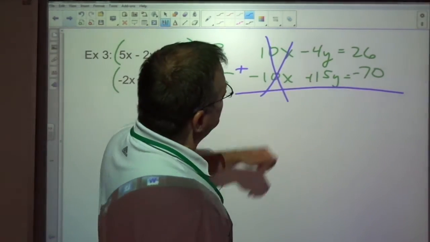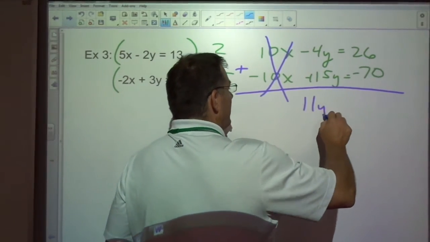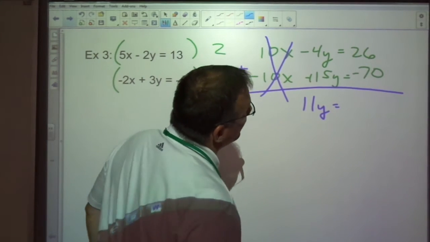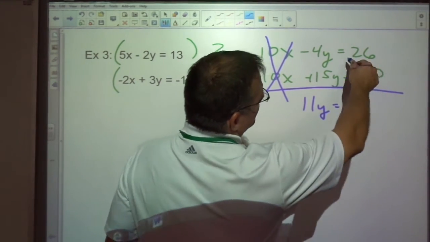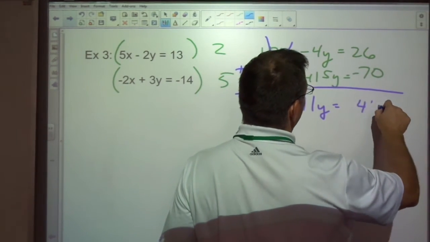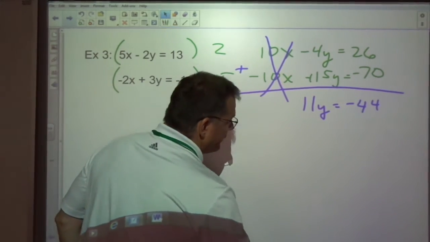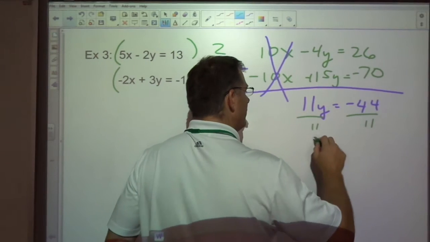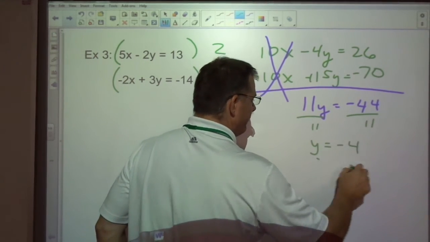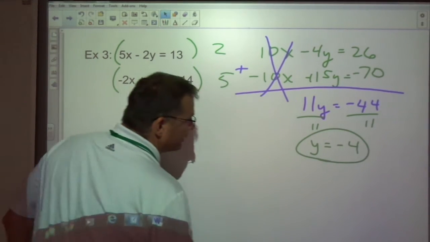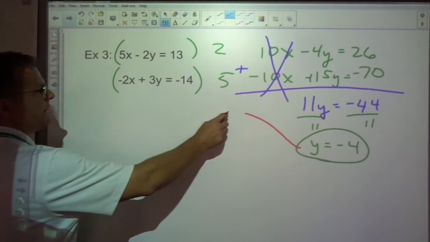When I add these together, that gives me 11y. And if I add these together, that gives me, let's see, -44. So now if I divide by 11, y equals -4. And now I need to plug it back in someplace, anywhere in for y.